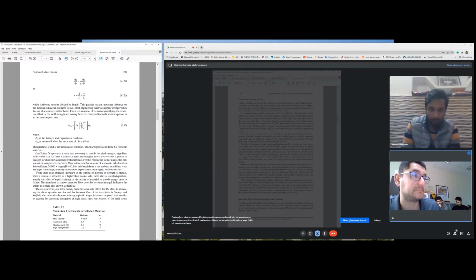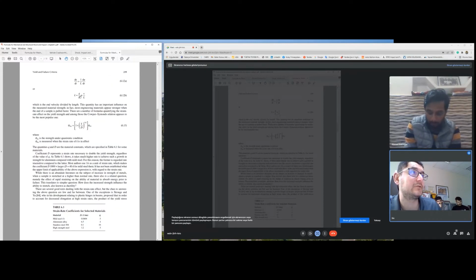Strain rate effects. Look here, the formulas. You remember, strain rate is here. Yes, epsilon dot. We are using the same thing. So we can say that epsilon dot is the speed of epsilon. Because when you look here, u dot means v, if you remember from dynamics. When you look at the length of the material, there is a kind of displacement during deformation.